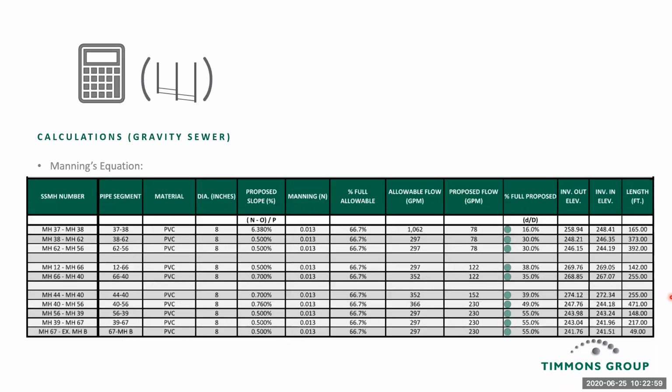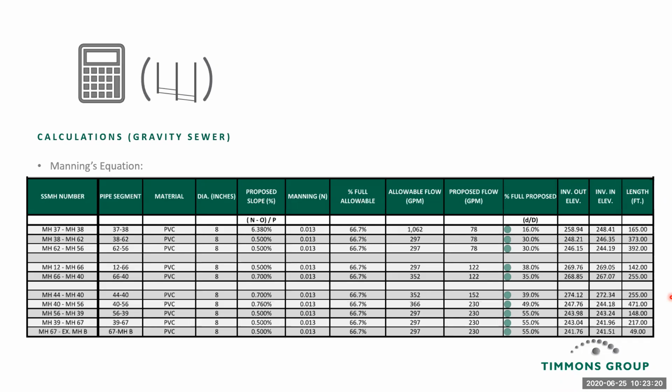If the depth required to move that flow rate is less than what the locality will allow, then we say that pipe has capacity. If the depth of flow required is greater than the depth allowed by the locality, then that pipe is over capacity and will likely need improvements.